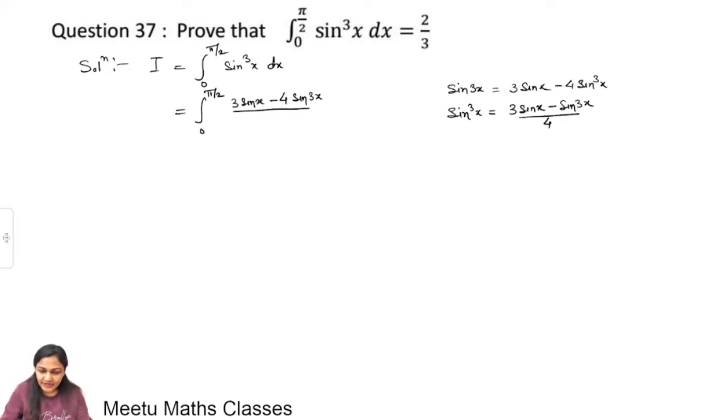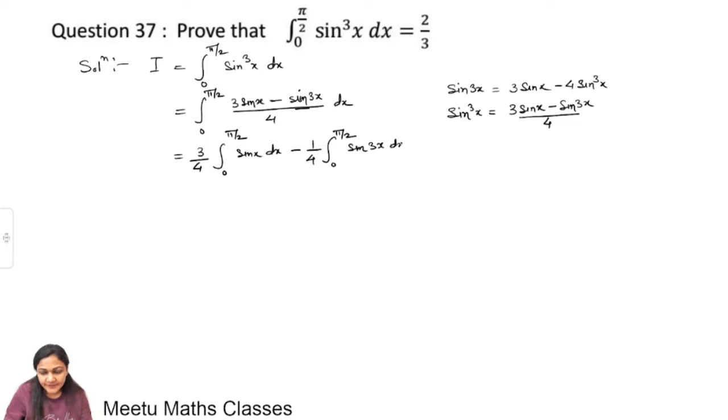So this is integral 0 to pi by 2 of (3 sin x minus sin 3x) upon 4 dx. Now this can be written as 3 by 4 can be taken out, integral 0 to pi by 2 sin x dx, minus 1 by 4 integral 0 to pi by 2 sin 3x dx.